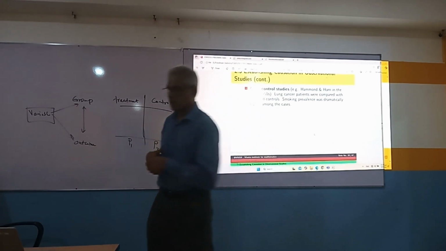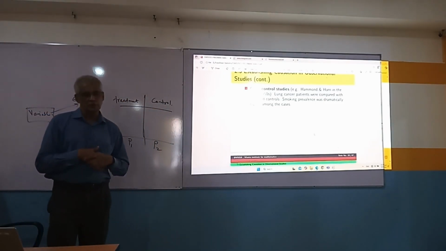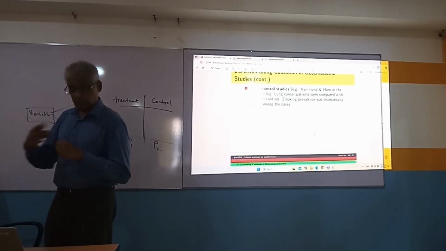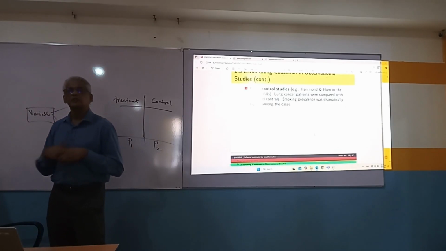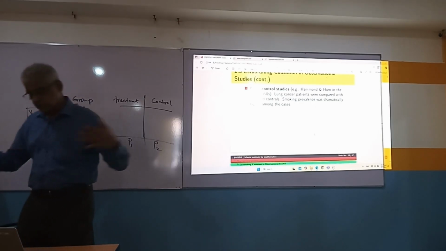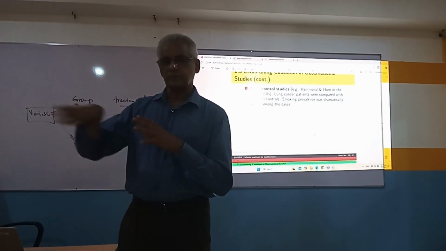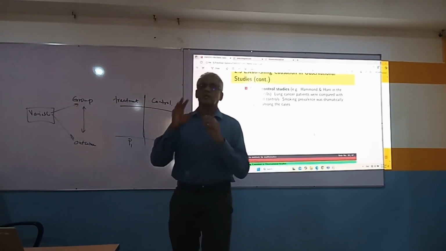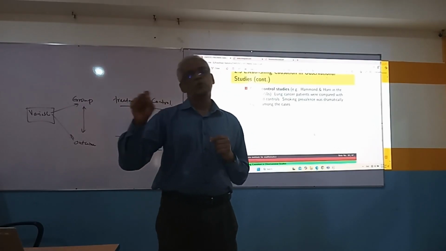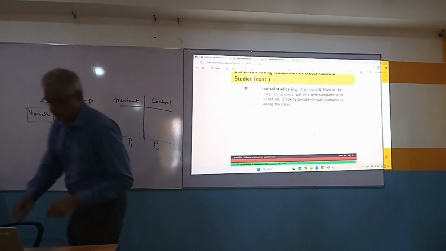So that's a matched control. From that kind of studies, they found out there is an association. Using all these things, people have now established or decided that smoking increases the risk of lung cancer.